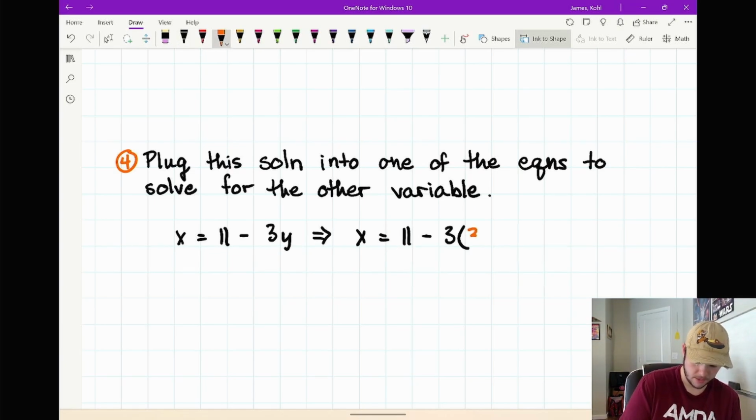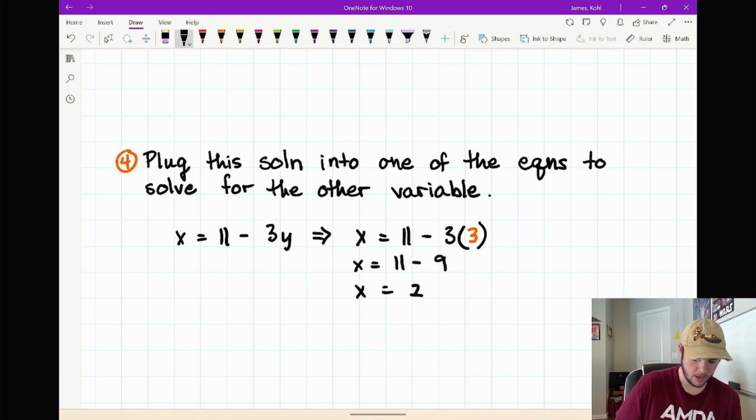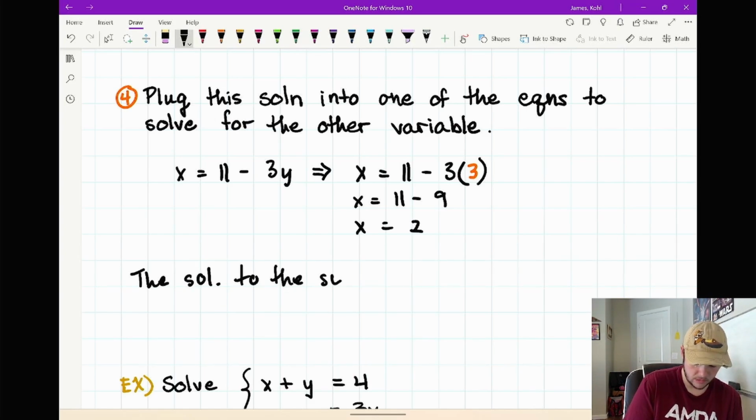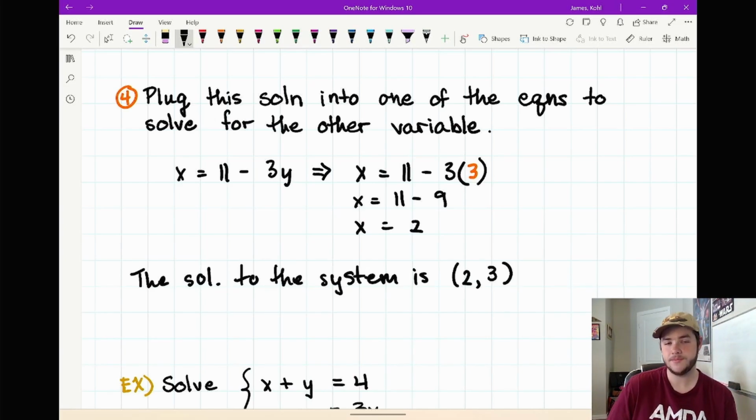Times 3. So, x is 11 minus 9, or 2. So altogether, the solution to the system is the ordered pair 2, 3.